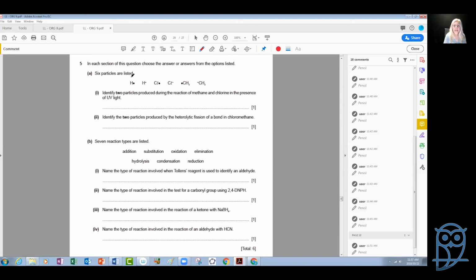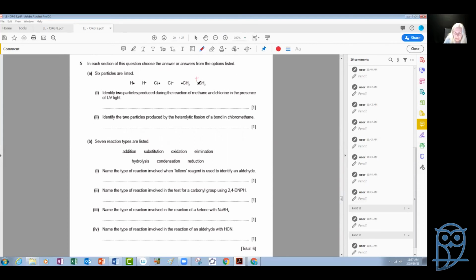6 particles are listed. Which are these 6 particles? This is a plus there. It doesn't show very clearly, but there is a plus there. And this is also a plus. Identify 2 particles produced during the reaction of methane and chlorine in the presence of UV light.